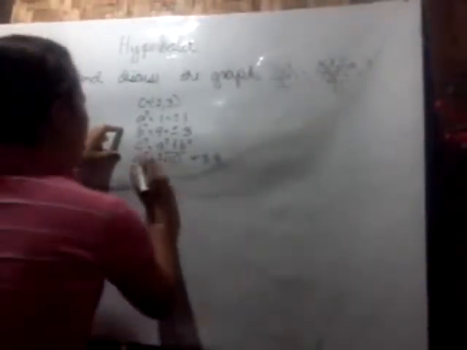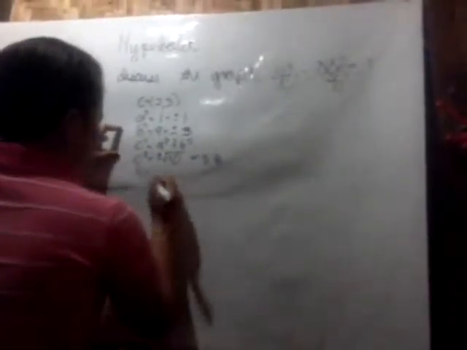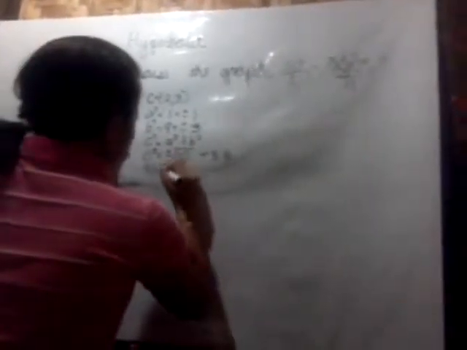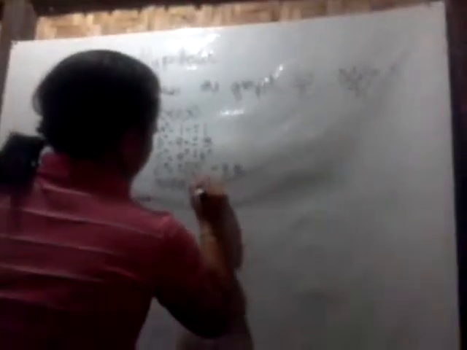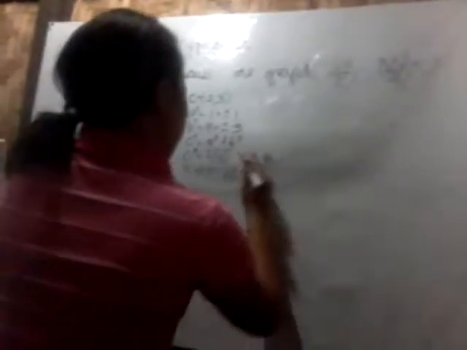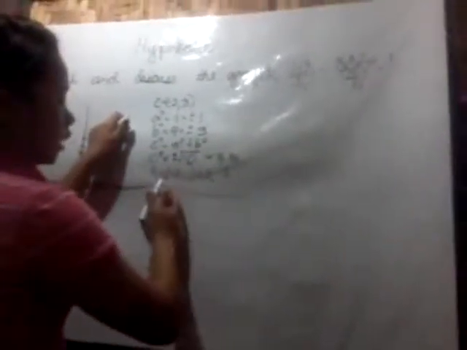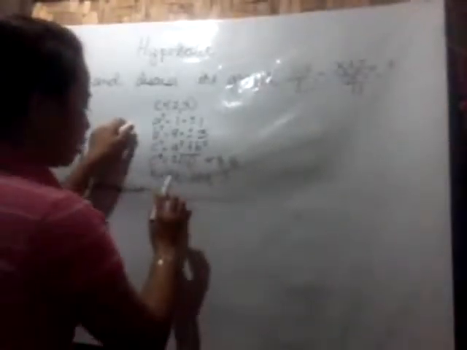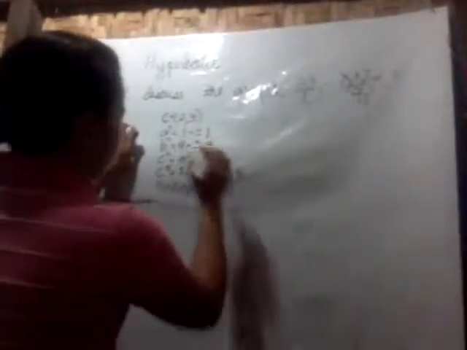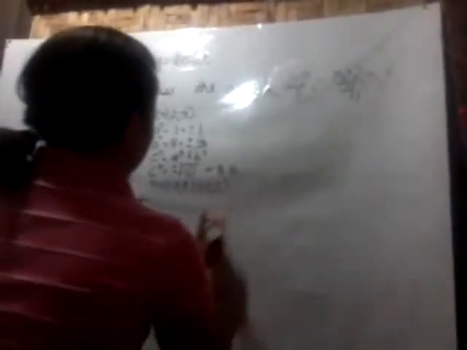So now that we have the center and a, b, c, let's proceed to the vertex. So the vertex now is negative 2, which came from the center, copied from the center, then 3 plus 1 equals positive 4, 3 minus 1 equals positive 2.